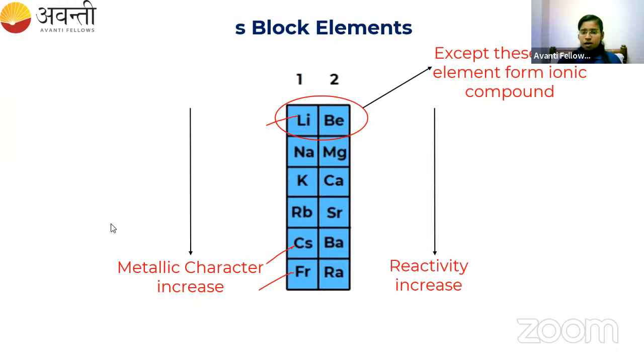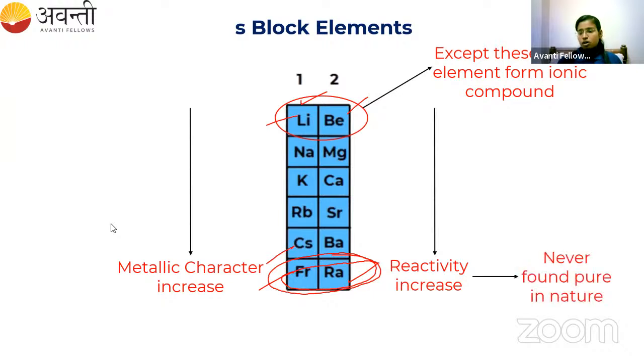If I compare beryllium and radium or lithium and strontium, the lower elements are highly reactive in nature. If they are very highly reactive, they cannot be found in the pure form, right? In nature, they are never found in the pure form, because once they find some other element in the atmosphere, they will react with that element and be converted into some other compound.